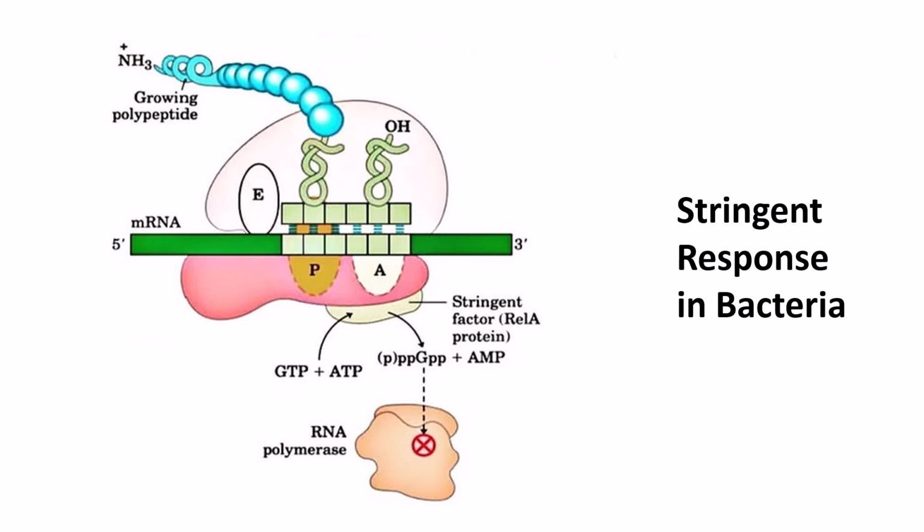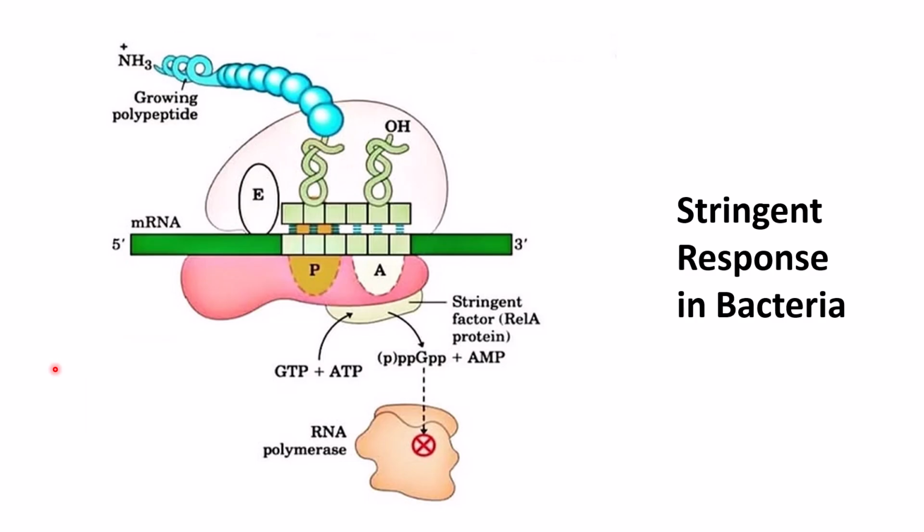Then before coming to the next question, I will tell you some responses in bacteria when there are changes in the environment, stress like that, or when there is a scarce amount of amino acids present. The first one is called the stringent response in bacteria. Now what is the stringent response? Stringent response is seen in cases where amino acids are scarce.